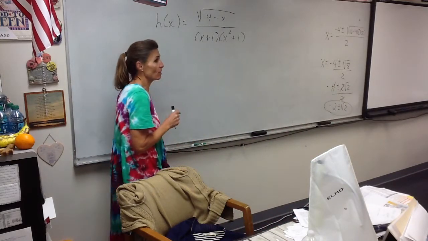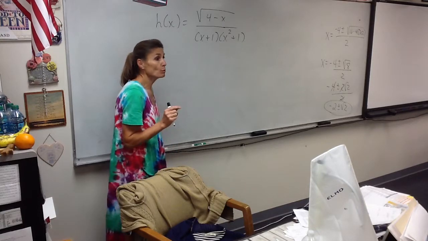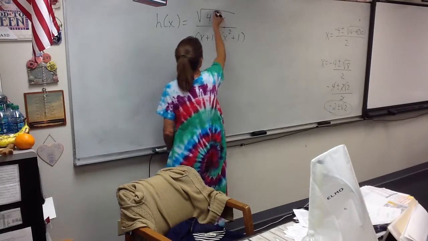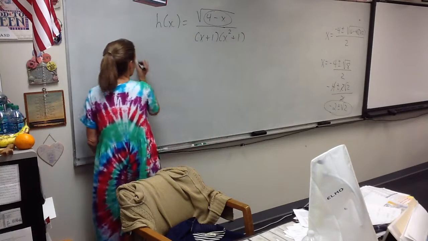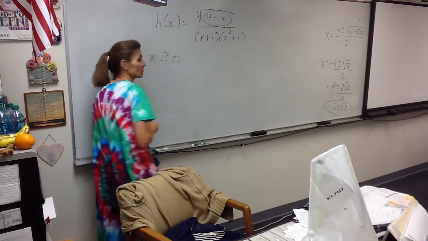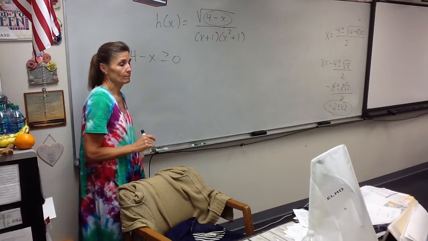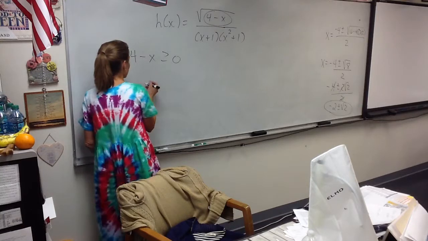This problem has both, so I'm going to deal with the radical first. Remember our rule: whatever is under the radical, in this case 4 minus x, has to be bigger than or equal to 0. That's the rule. So I'll solve this.